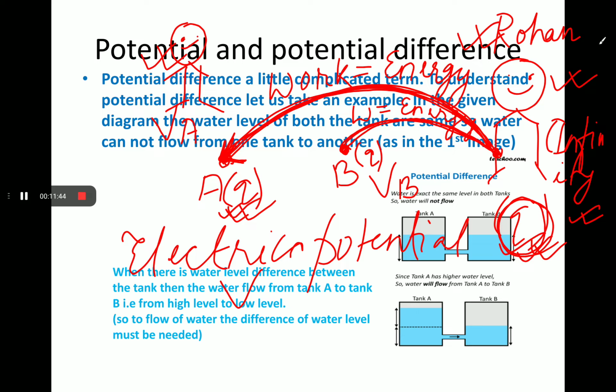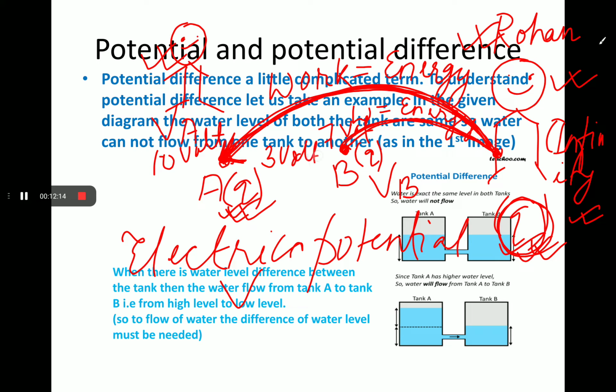And when the charged particle is brought from one point to another point, this is the potential difference between the 2 points. It means, suppose that at point A the potential is 10 volt and at point B the potential is 7 volt, and we have to calculate the potential difference between the two, then 3 volt will be the potential difference between the 2 points.